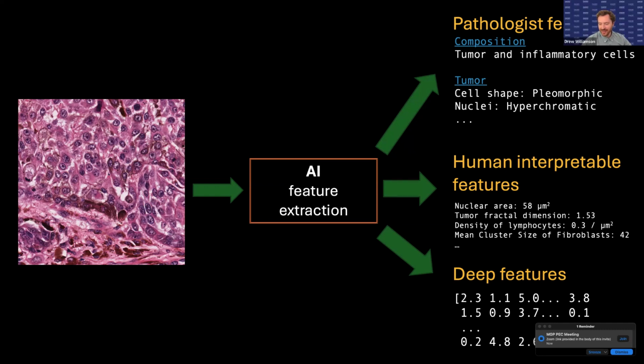Yeah, I think in theory, no, there are not. I'm a little skeptical of how able we will be to translate these human interpretable features into pathologist features, because, as I'm sure you're aware, many of these human interpretable features are based just on nuclear features, or on the shape, or on bigger regions of tissue, which don't often capture the same things that I capture when I'm looking at them.